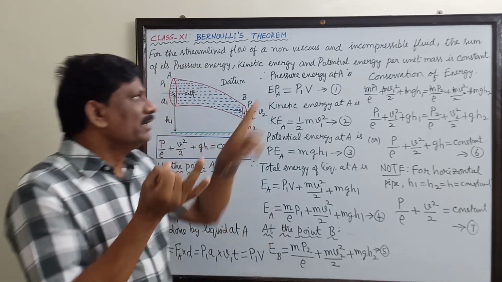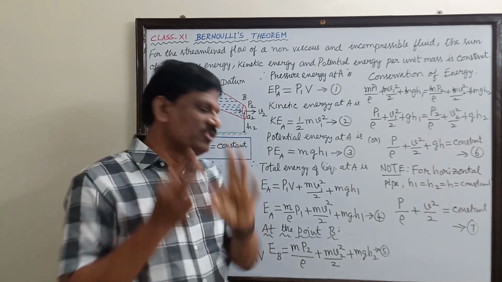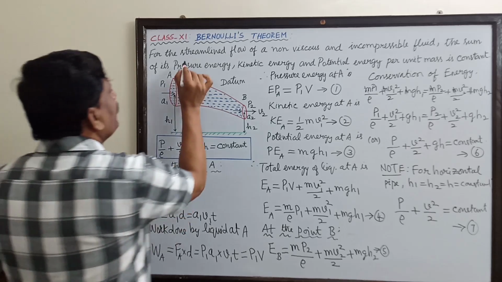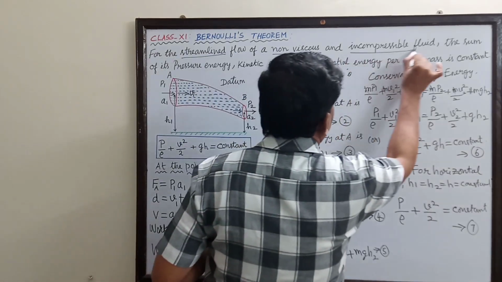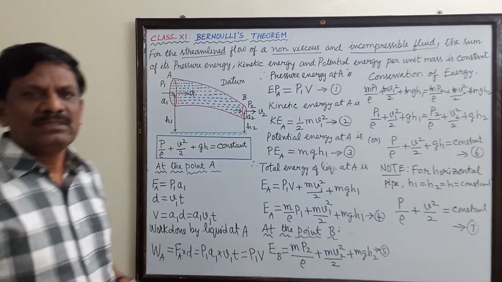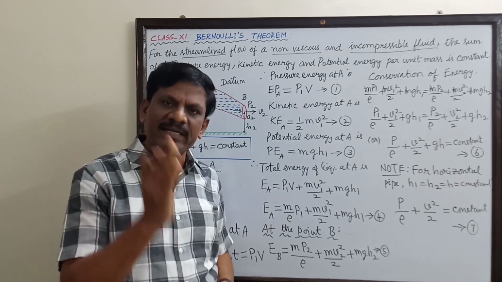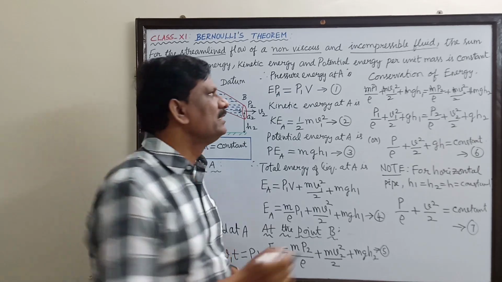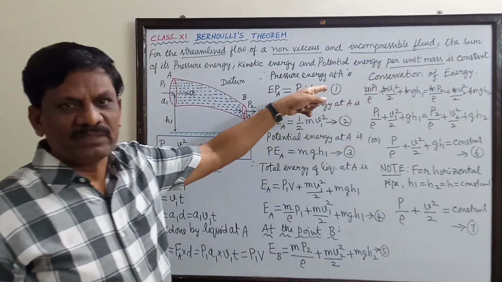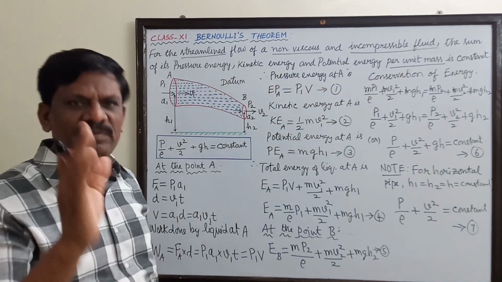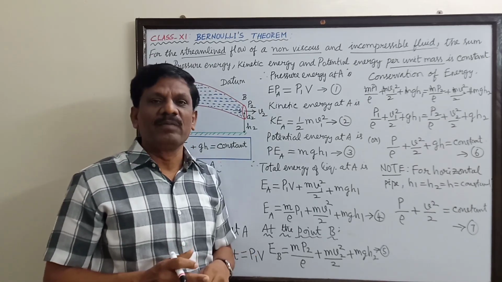Yes, non-viscous and incompressible. So you have to underline the terms streamline flow, non-viscous and incompressible fluid. Then keep in mind that the sum total of its pressure energy, kinetic energy and potential energy per unit mass has to be underlined in the examination. These four terms must be underlined so that the paper evaluator will be very happy with your performance.